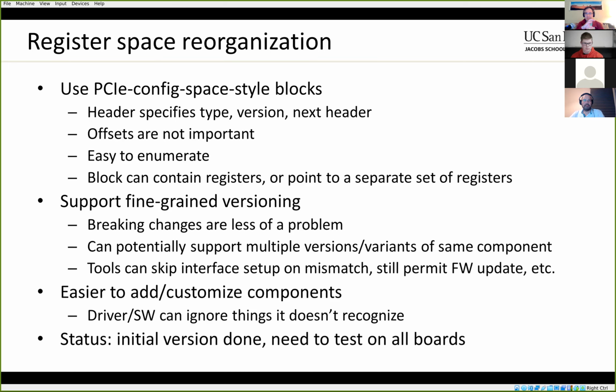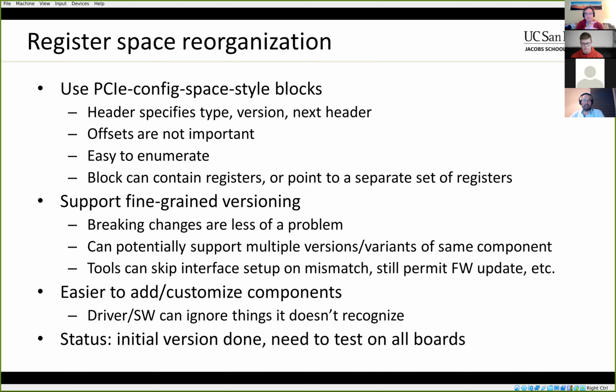As a result, the offsets are not important, because as long as you start in that defined spot at the beginning of the BAR, then you can just follow this linked list all the way down through all the blocks. This makes it very easy for software to enumerate everything that's on the hardware, and that allows you to move things around as necessary when you're implementing new features and whatnot.